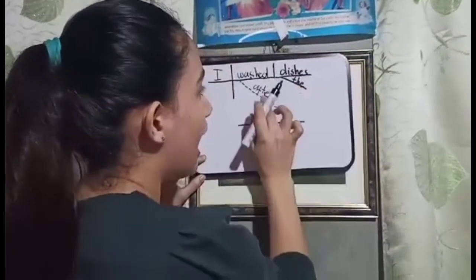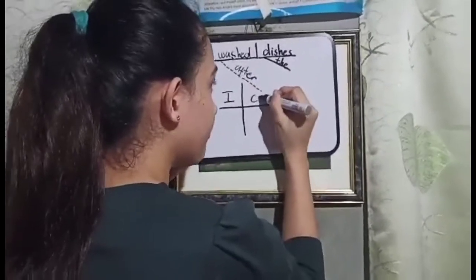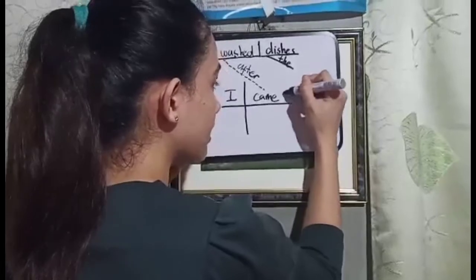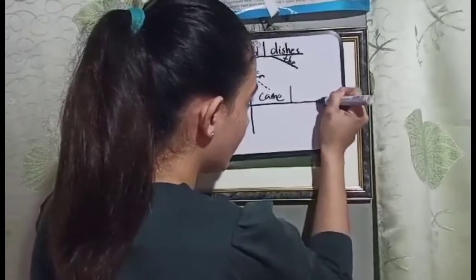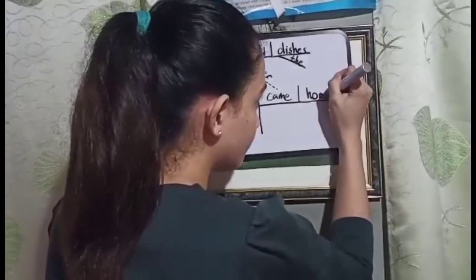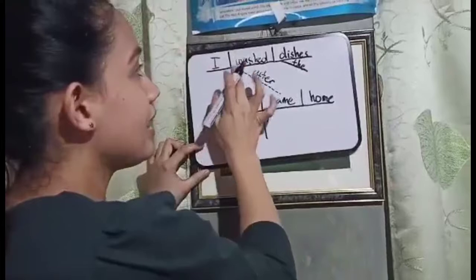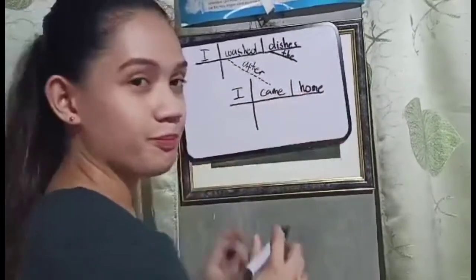After, I is the subject, came. Let's draw a straight line here. After I came home, I washed the dishes after I came home. Thank you, and we hope that you learned something new.